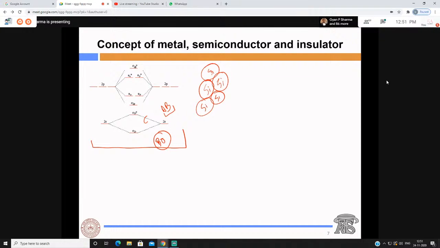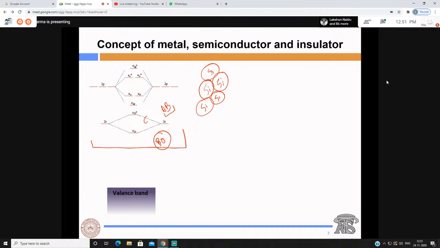All these bonding orbital energy levels in close proximity together make a band. This is not something like a rubber band. It is the close proximity of different energy levels.